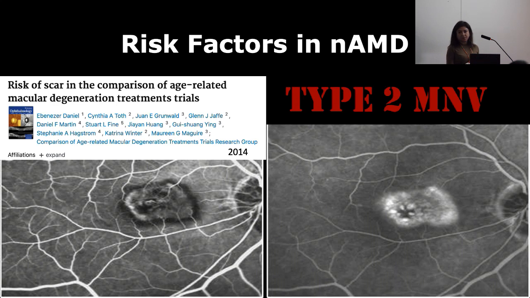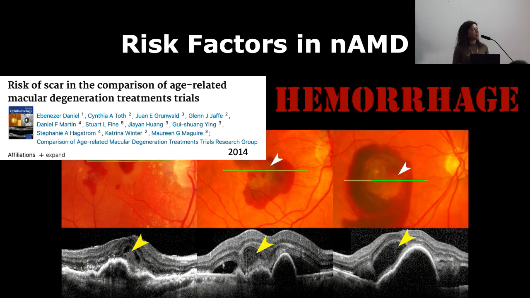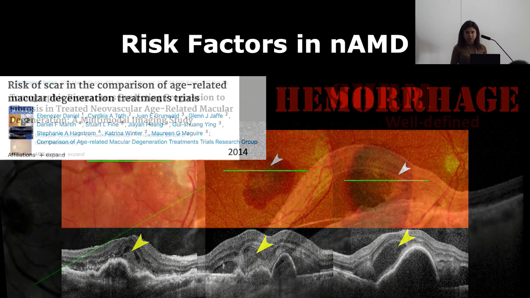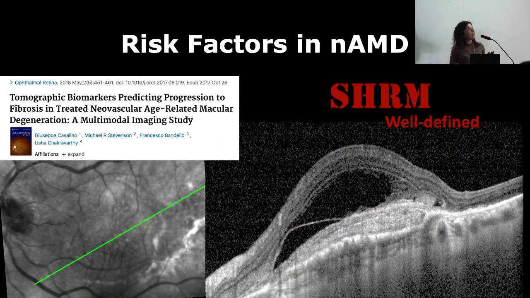Let's review the risk factors. Most of the data comes again from the CATT trials, where it was clear that type 2 neovascularization and the presence of subretinal or intraretinal hemorrhages were associated with an increased risk of fibrosis. But there are also some clinical studies.